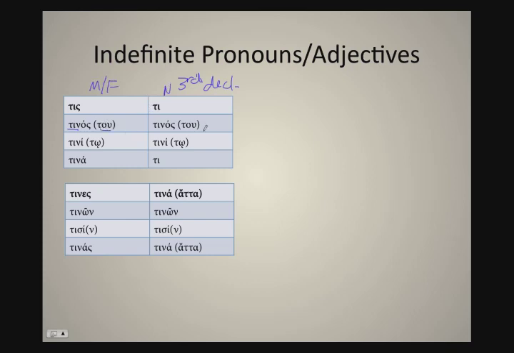There's an alternate form tou, tini, or the alternate form tōi, and tina and ti. In the plural, tines, we can accent that there if we want, tinōn, tina, with the variant form ata, tinōn, tinōn, tisi, tisi, tinas, tina, again, variant form ata.